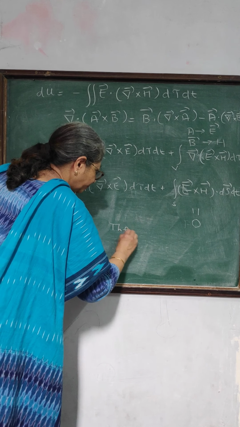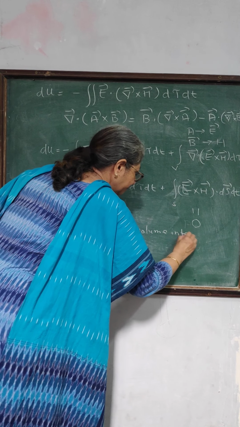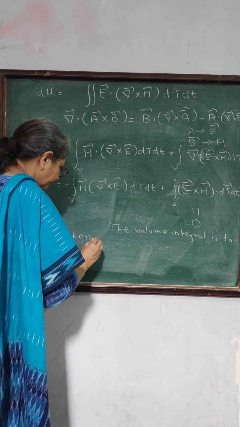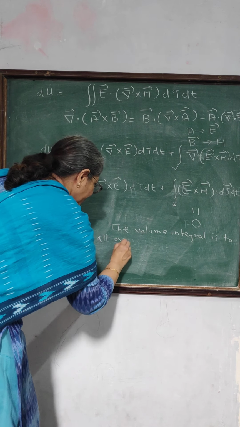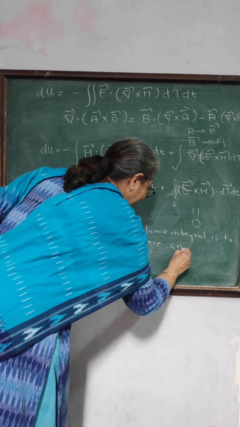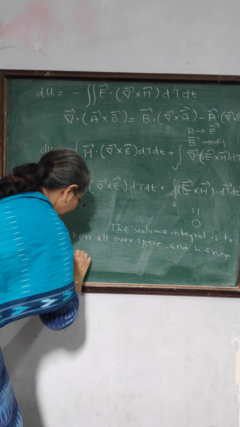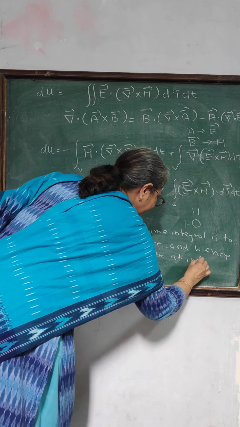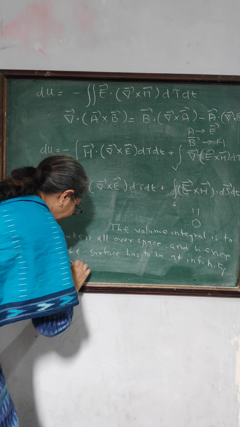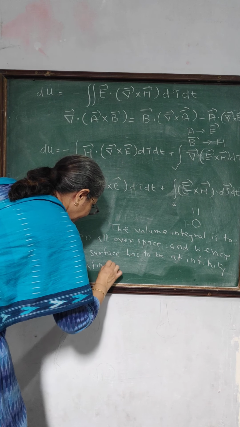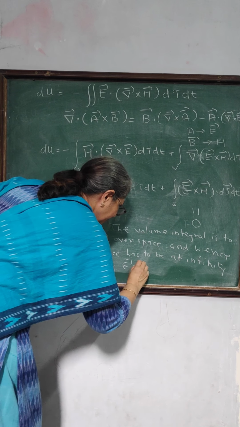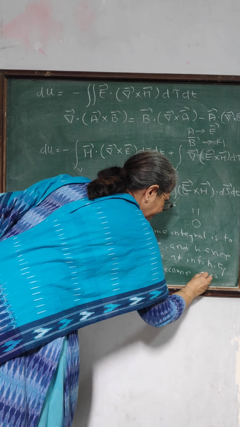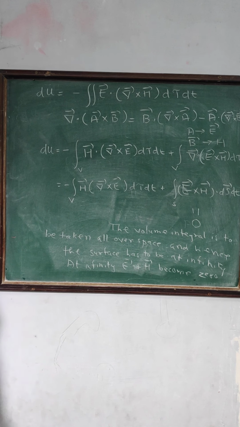Because the volume integral is to be taken all over space, and hence the surface has to be at infinity, and at infinity E and H become 0.